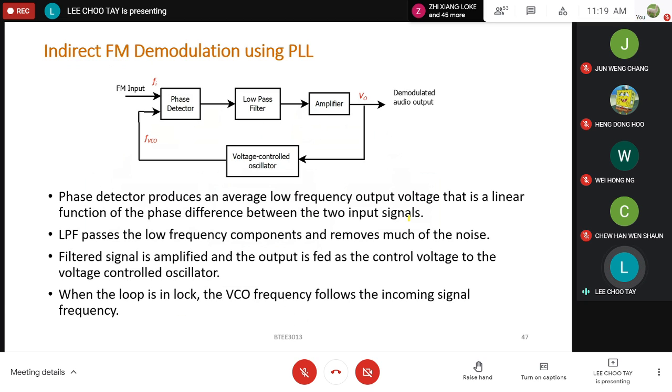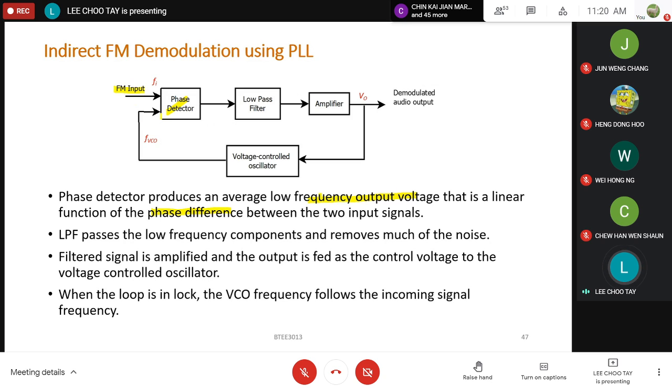And then for indirect FM demodulation, making use of a phase lock loop, basically we have a phase detector. All right, so the phase detector basically produces a low frequency output voltage that is a linear function of the phase difference between the two input signals. And what are the two input signals? The first input signal is the FM signal that comes in.